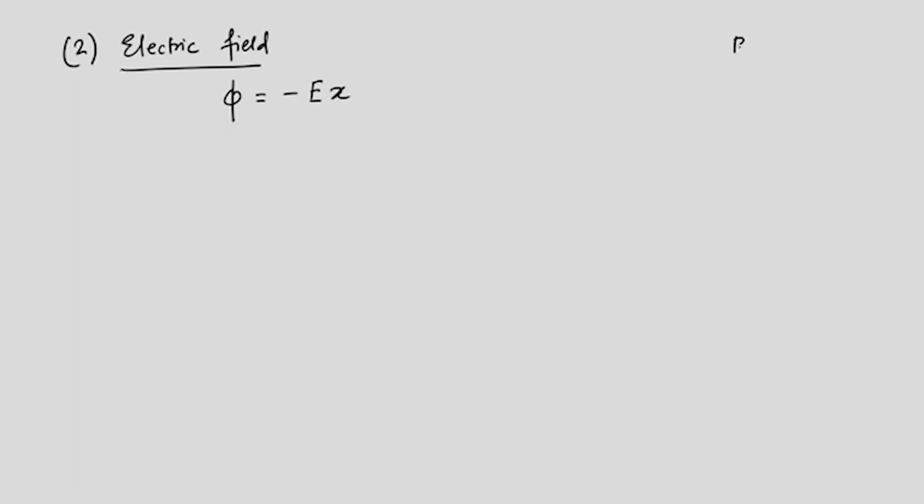Just keep in mind these relations, that B equal to curl A. So there is a vector potential associated with a magnetic field, whereas the electric field is associated with a scalar potential, which we write as phi here. So phi is equal to minus Ex. Remember, E is not the energy here. So we'll keep writing energy with a curly E. So this is energy, and this straight E that you see here is the electric field.